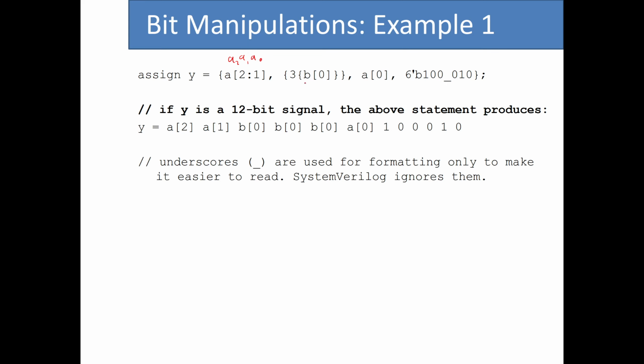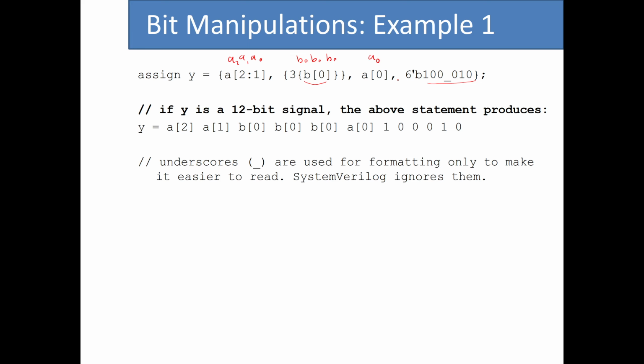Then we have a variable B where we want to repeat B0 3 times, so B0, B0, B0. And then we want to repeat A0 one more time, and finally at the end we want to put these 6 bits at the end of it as a 6-bit binary number.